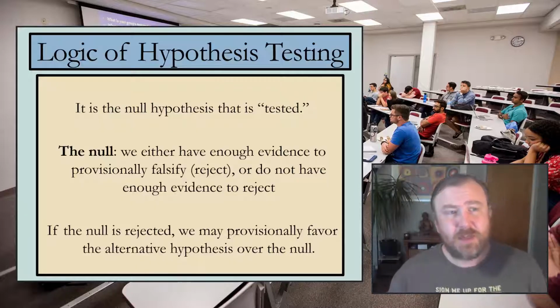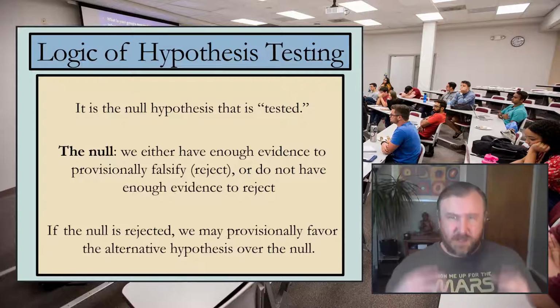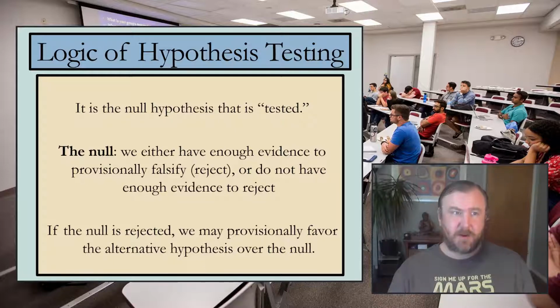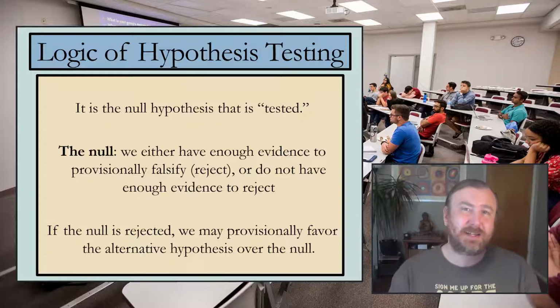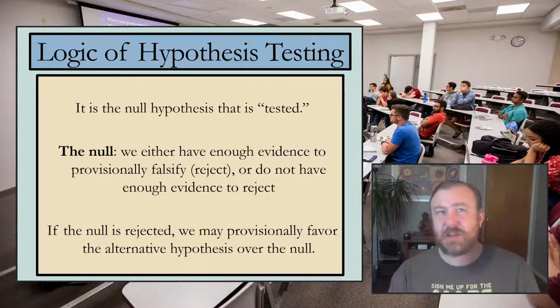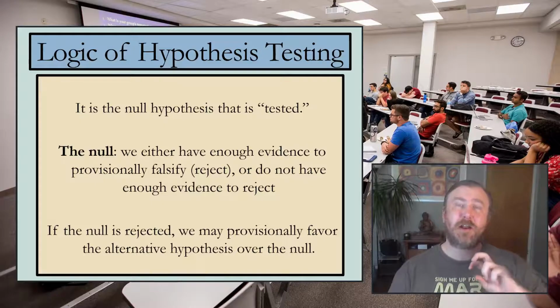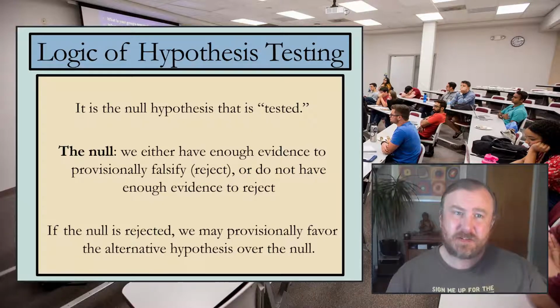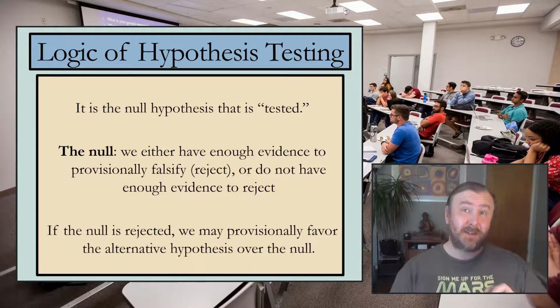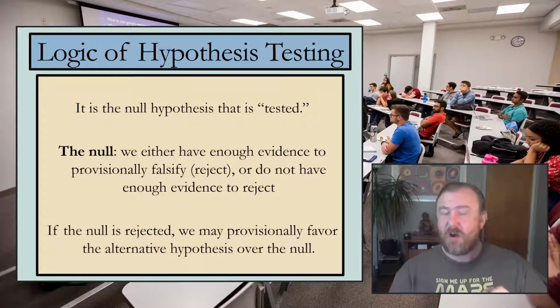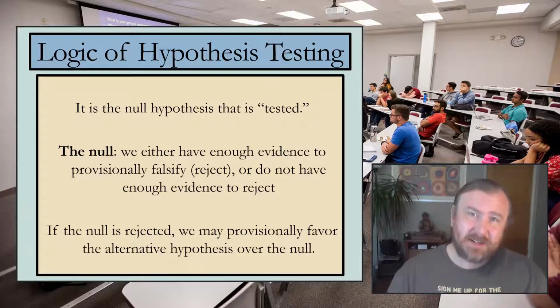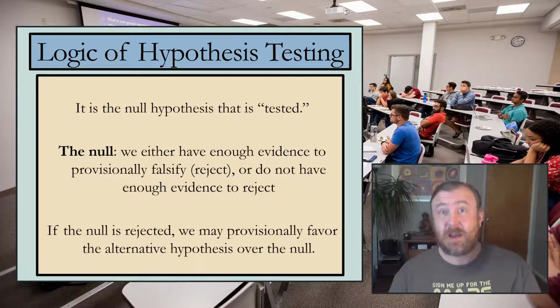Okay, so another important thing that should be apparent here is that what we're actually testing isn't the alternative hypothesis. We're testing the null hypothesis. We are determining whether or not the null hypothesis should be retained in the absence of evidence or rejected in the presence of adequate evidence.